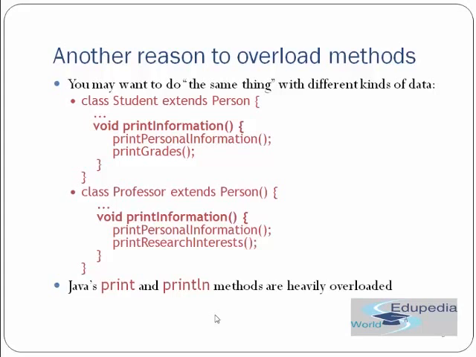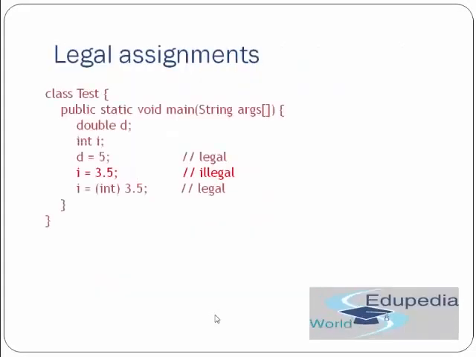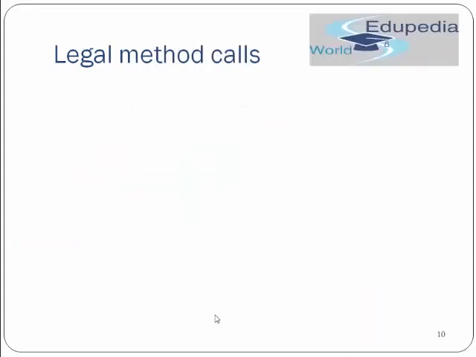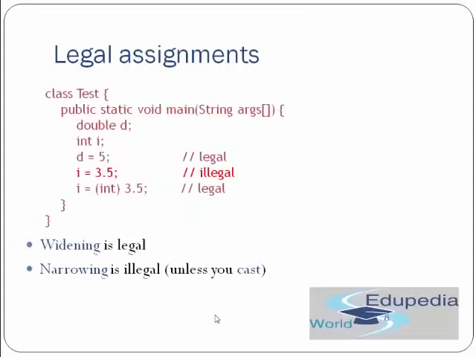Then we have print and println methods which are heavily overloaded because they can take different types of arguments. Okay, so this is an example of legal assignment: widening is legal and narrowing is illegal. You can see over here I have taken double d and int i.